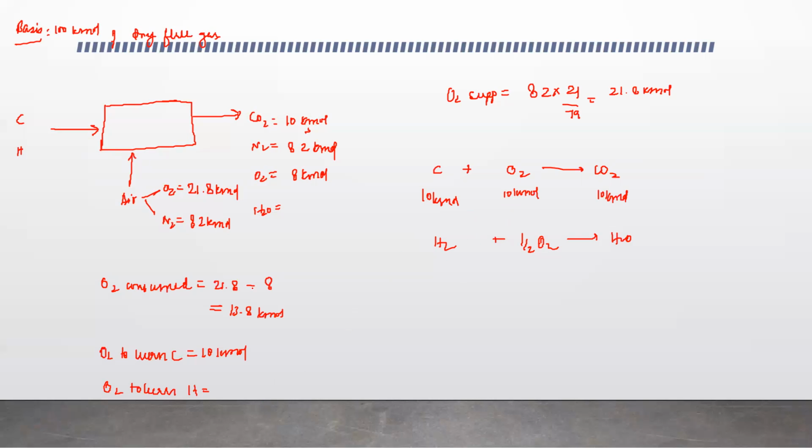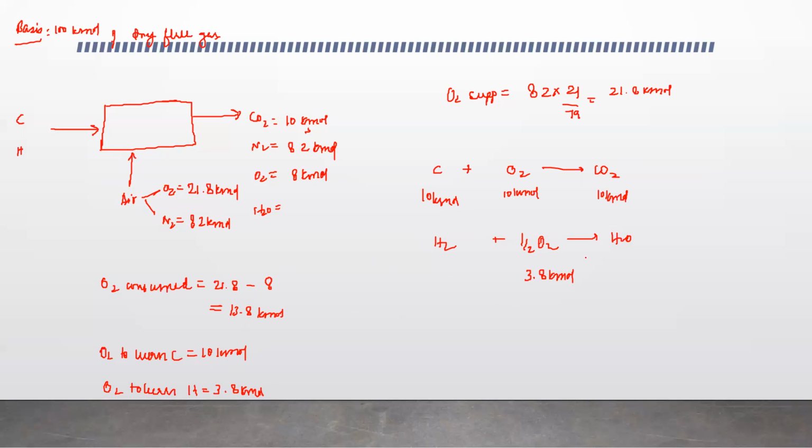Oxygen consumed to burn carbon is 10 kilomole. Therefore, oxygen consumed to burn hydrogen is going to be 13.8 minus 10. That is 3.8 kilomole. This is the amount of oxygen to burn hydrogen, right?